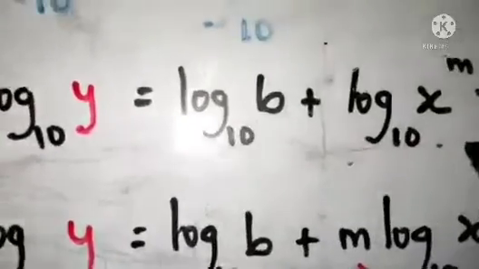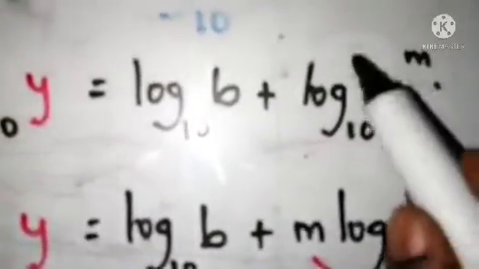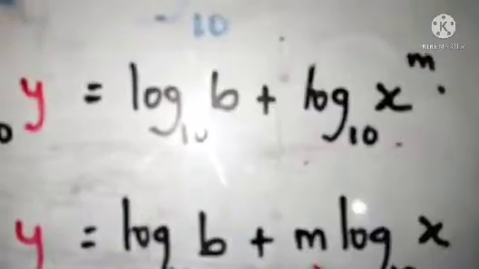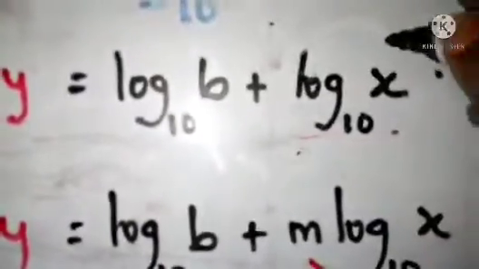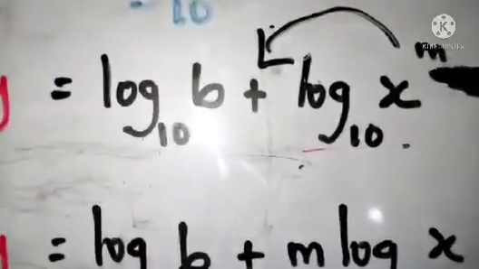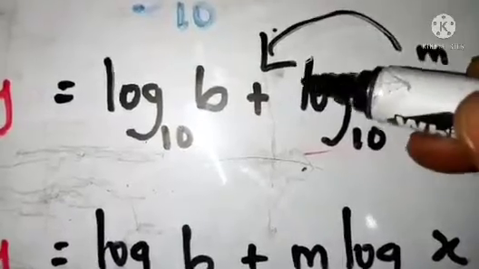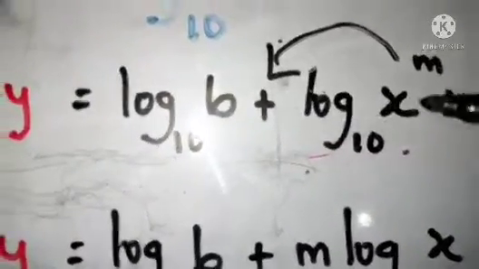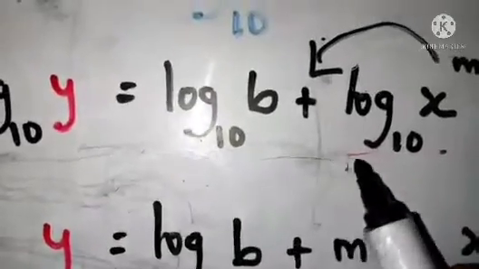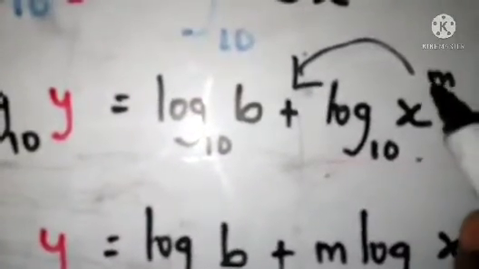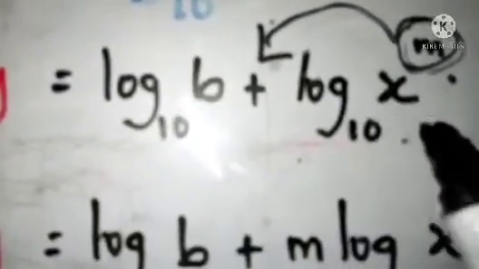Here I can see another term, and there is another law that can help us out. If there is an exponent on top, you can bring it down. You can drop that exponent down. So y is equal to log of b base 10 plus log of x exponent m, and this m can come down. That is a law of logarithm.